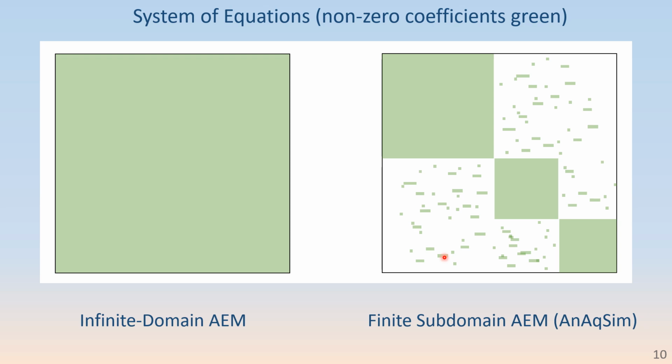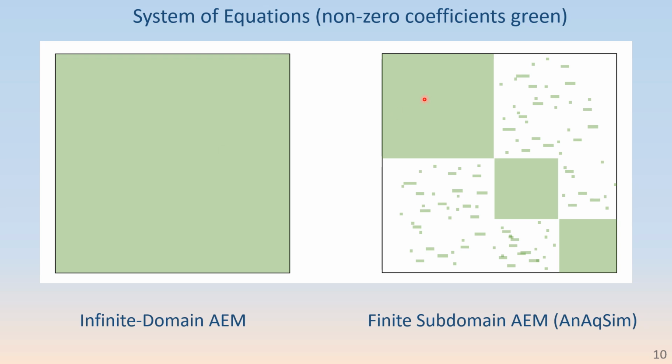And it really depends how many domains you have and how finely you've broken the entire model up into subdomains. If you do a lot of that and break it into numerous small subdomains, then you'll have more zero coefficients, more white space here. And that leads to efficiency computationally in 2 ways.